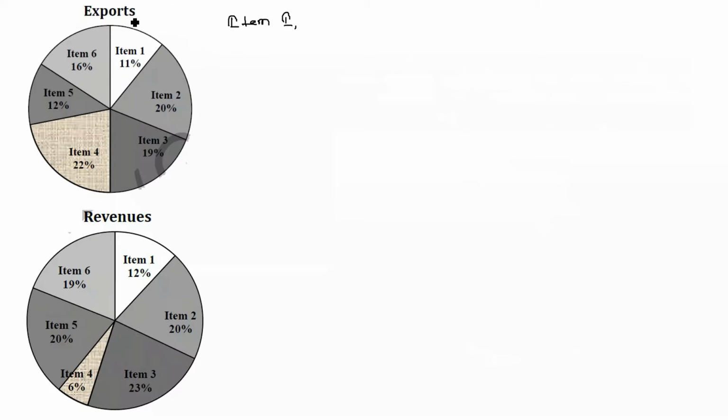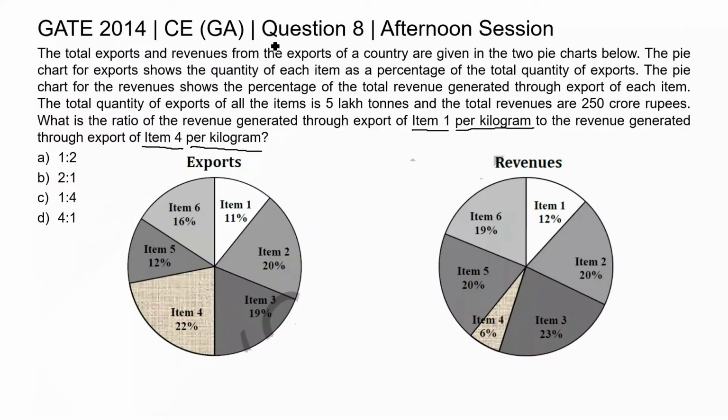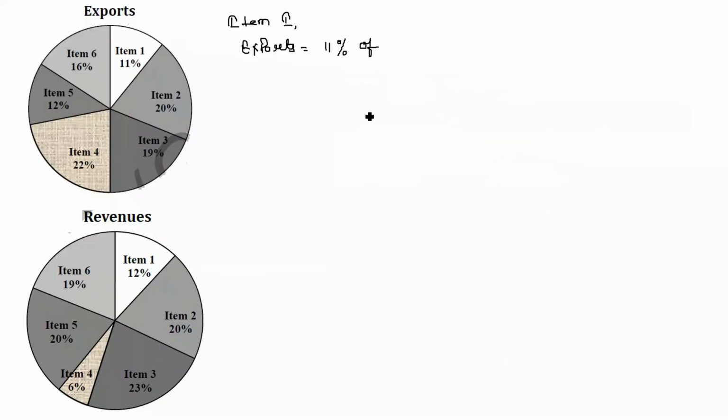So for item 1, first find the exports. The exports are 11% of total export. The total export is 5 lakh tons.